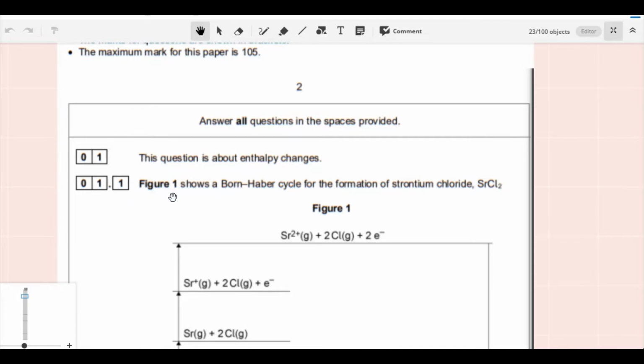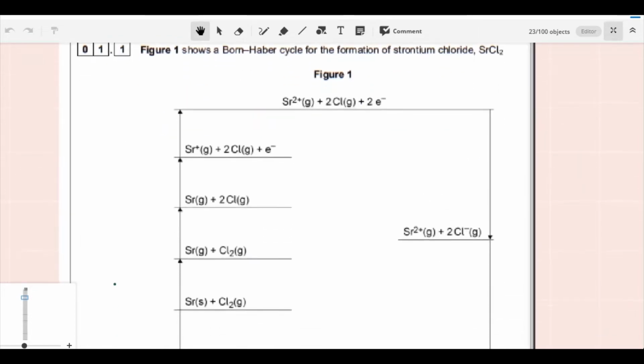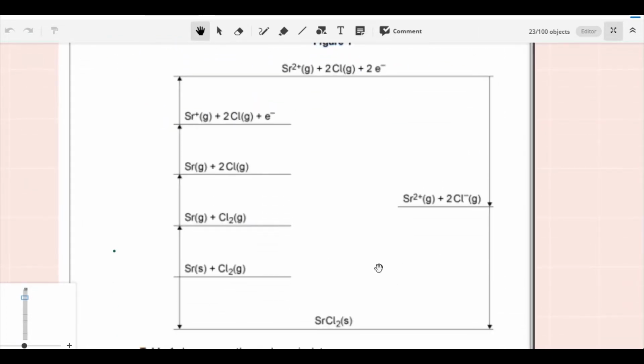Question 1.1: Fig 1 shows a Born-Haber cycle for the formation of strontium chloride, SrCl2. Fig 1 shows the different levels: atomization, first ionization energy, second ionization energy, electron affinity, and the lattice energy as well.